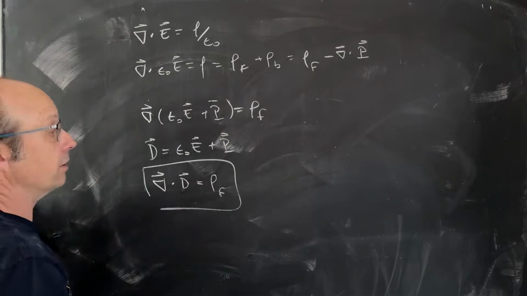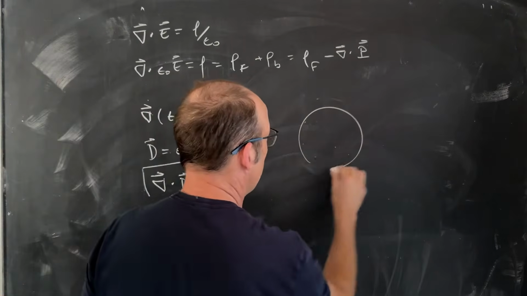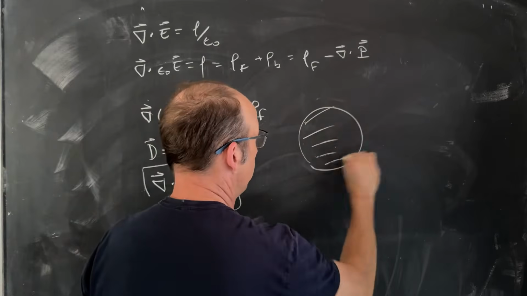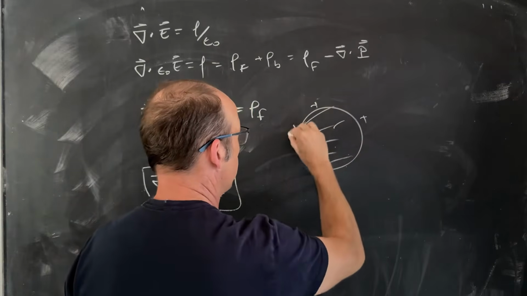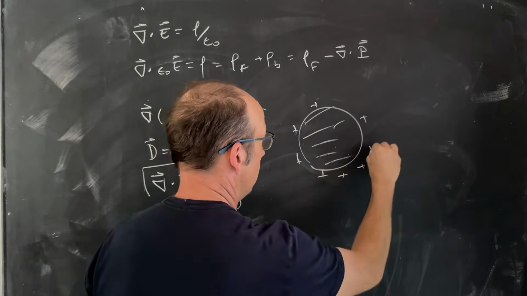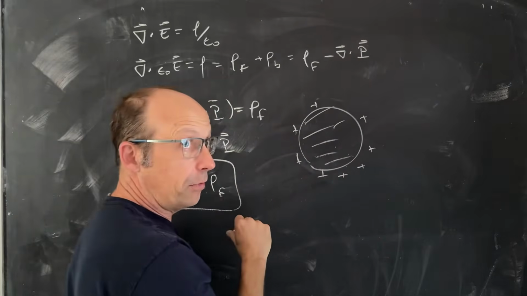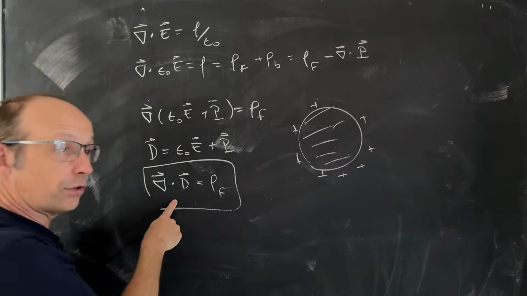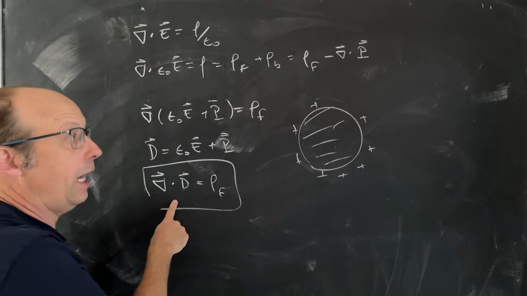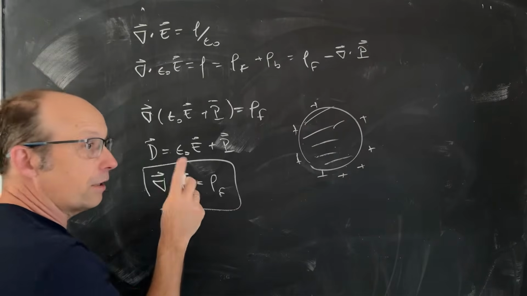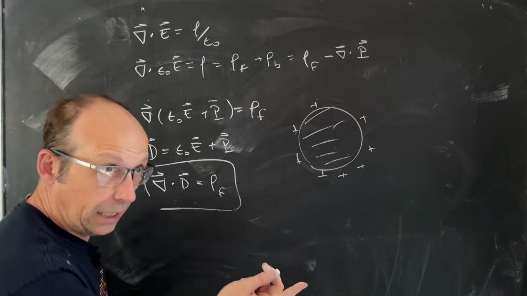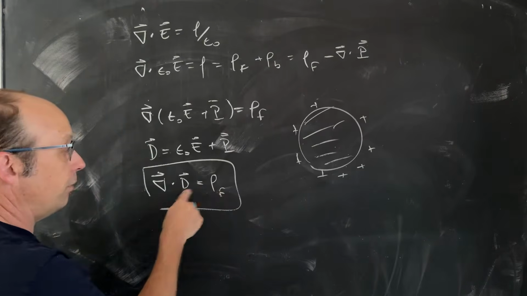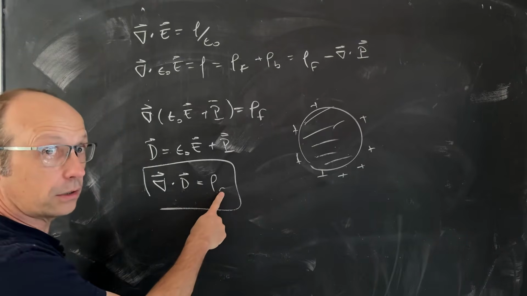What this allows us to do is to take something like this. Here's some dielectric material, and maybe it has free charges too. And these free charges can induce dipoles in there. But when we use this version for Gauss' law, we just say, okay, it doesn't really matter. I'll deal with the material later, right? Because I'm just finding the displacement field, which is only dependent on those free charges.